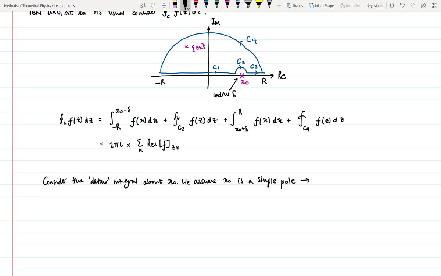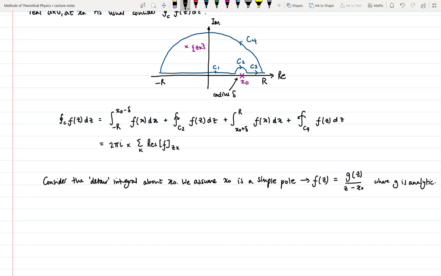This means that we're allowed to write the complex function f of z as some other analytic complex function divided by z minus x naught, where g is analytic.